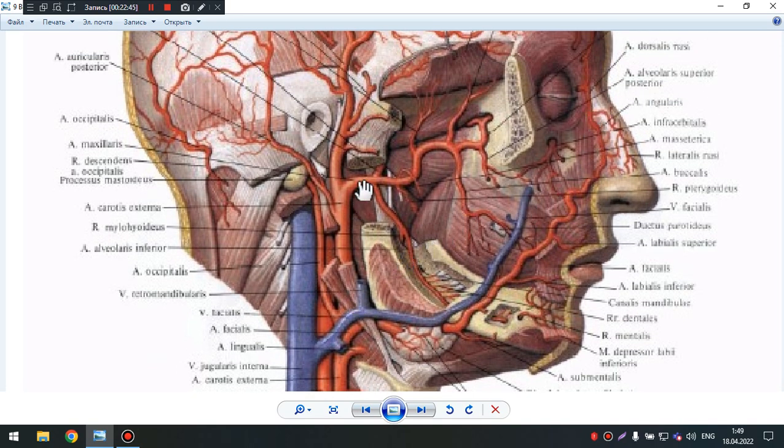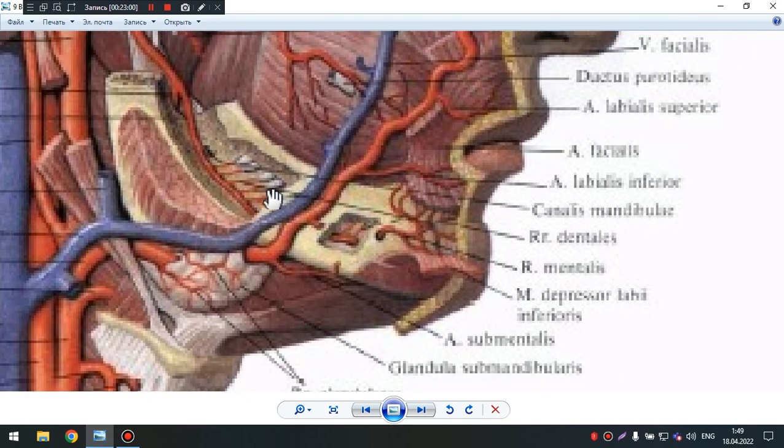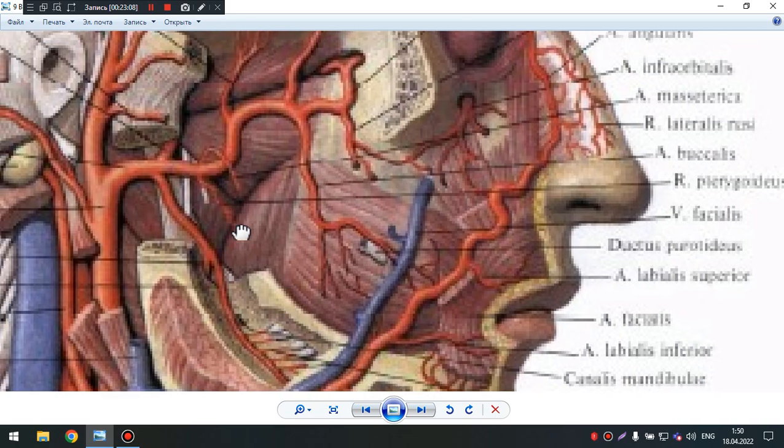Then the maxillary artery, we can see the retromandibular part inside the mandible, the inferior alveolar artery gives the dental branches to the inferior teeth.